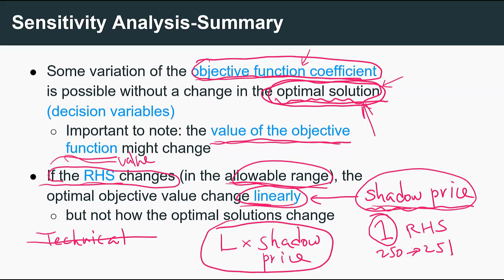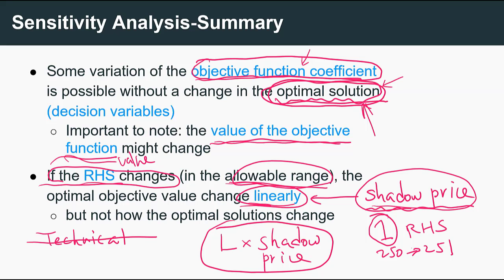So be careful about whether the question is asking what will happen to the optimal solution or what will happen to the objective function value. Depending on what the question is asking, whether sensitivity analysis about the objective function coefficient or the right-hand side values, you need to be very careful here.